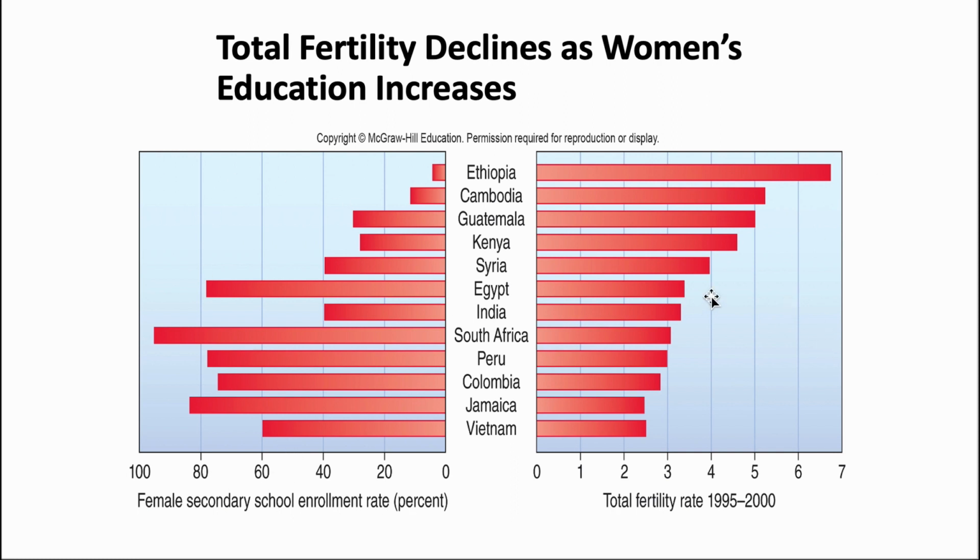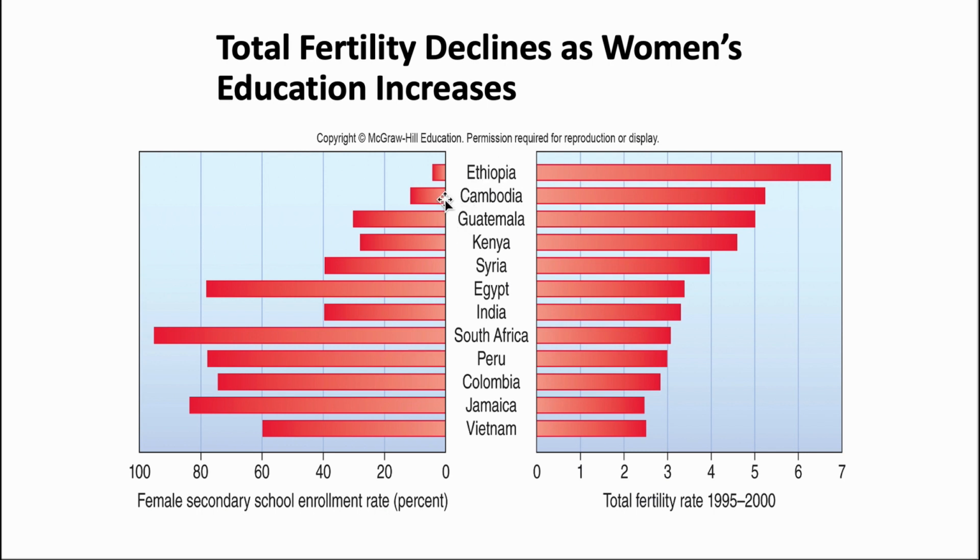So on the left, we have education, and on the right we have fertility. So what this figure is trying to represent is that as secondary school rates, as enrollment of secondary school for women increase, their fertility rate decreases, right?